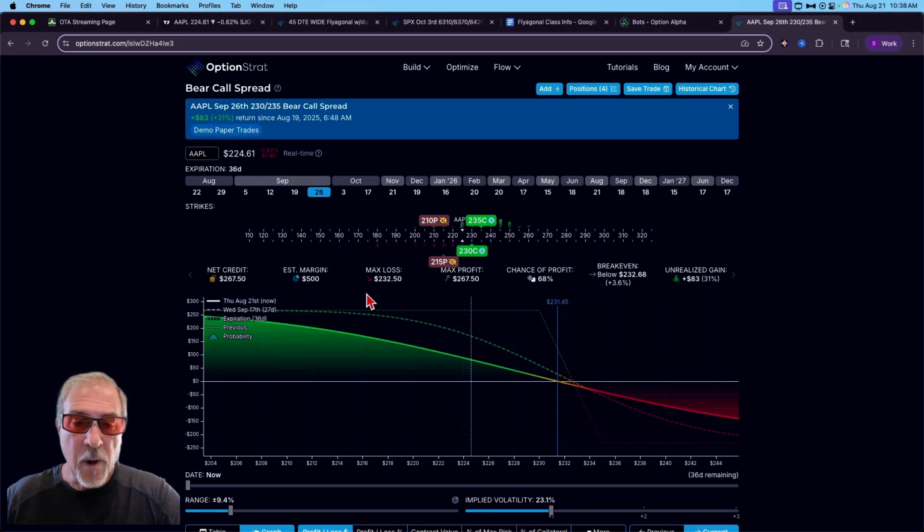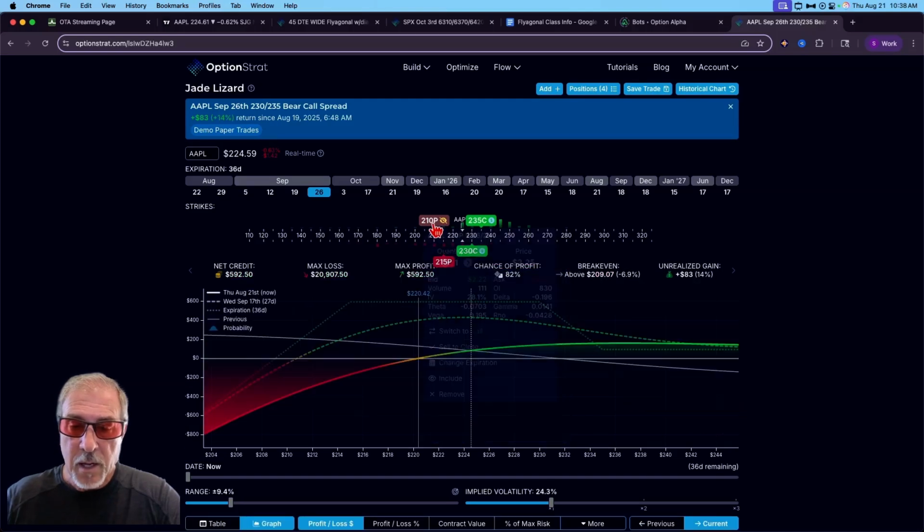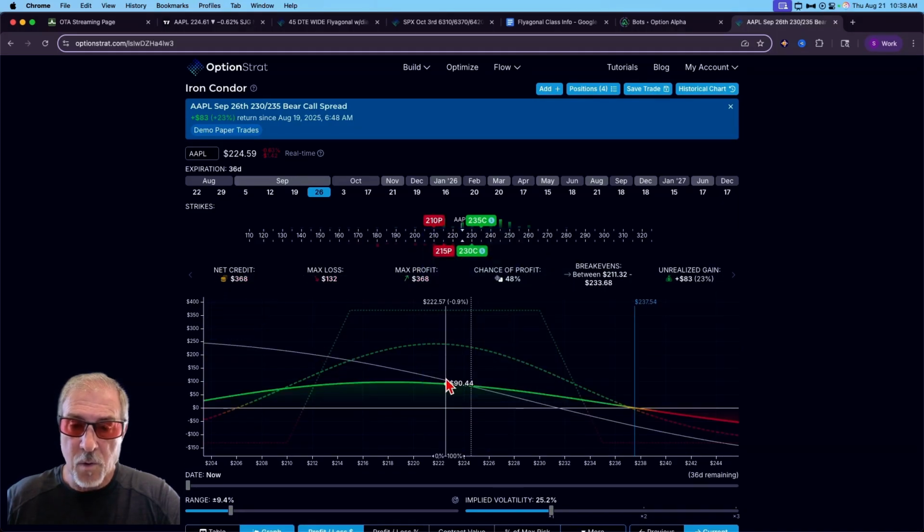As we can see right now, this has a max loss of 232 and it has a max profit of 267. If I came in and chose to sell a put spread, a 215, 210 put spread, let's see what that does to those variables. So I'm going to include that one, and then I will include this one.